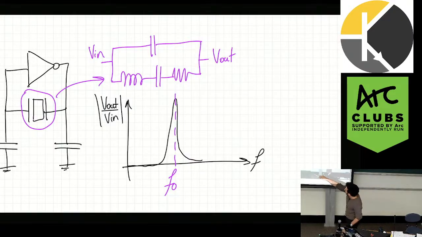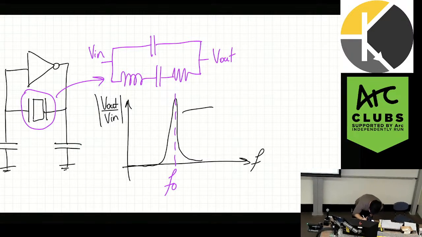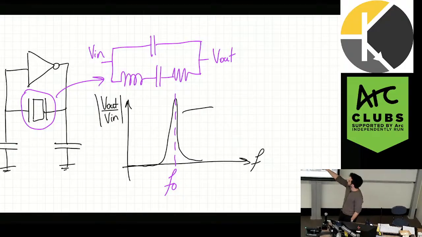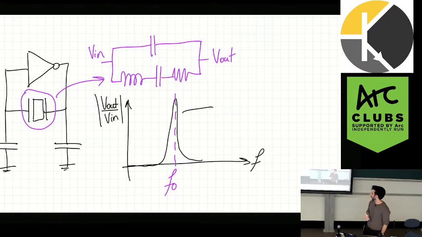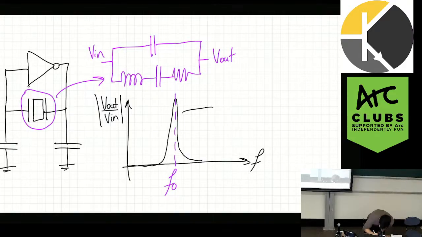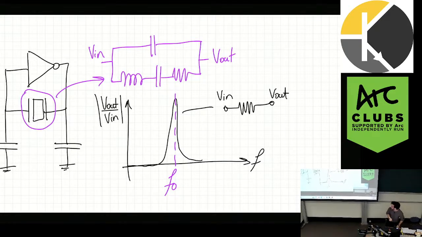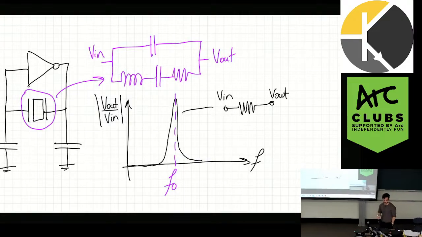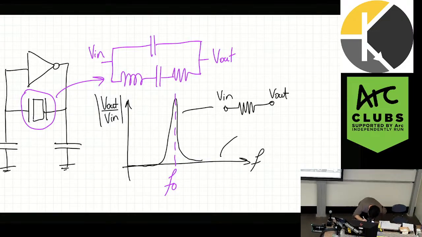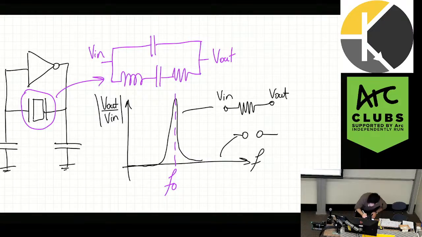Everywhere outside of this frequency, it's not allowing any signals through. So it's like an open circuit, right? So if I'm here, remember that the inductor and capacitors will essentially resonate each other out. I am skipping a few details, but they'll essentially resonate each other out, and we're just left with a small resistance like this. So that's what it'll look like when I'm at resonance. Outside of resonance, somewhere here, it's going to be an open circuit, like that.